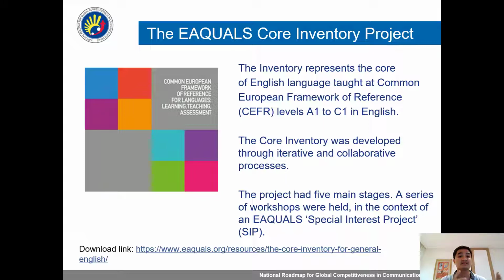They held this in a series of workshops. Language professionals from around the world came together just for the language of English and said, okay, what does the CEFR mean, and how can we teach each particular level and simplify that? So that's what the core inventory project is.